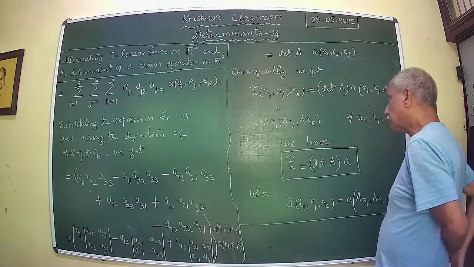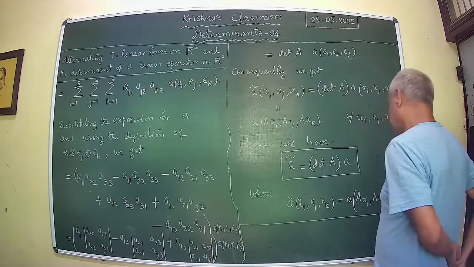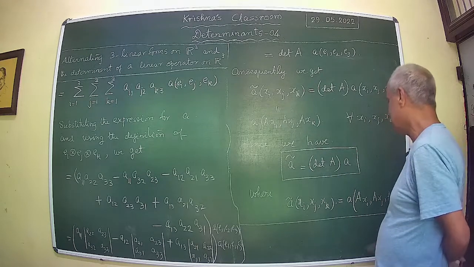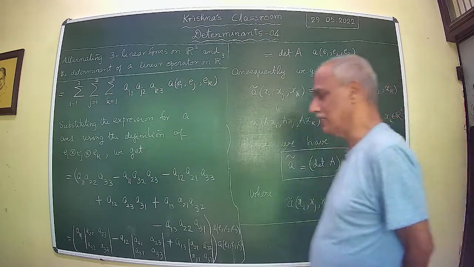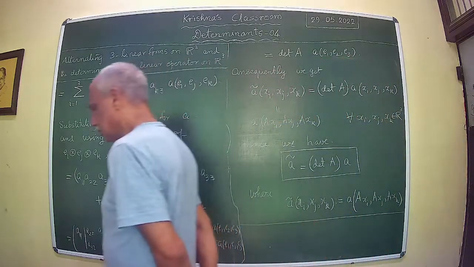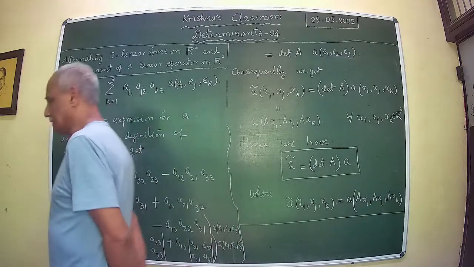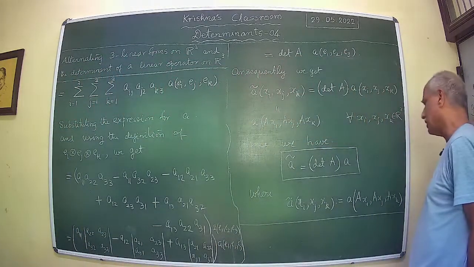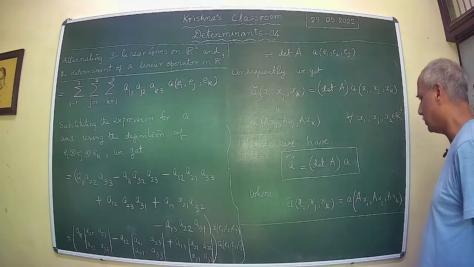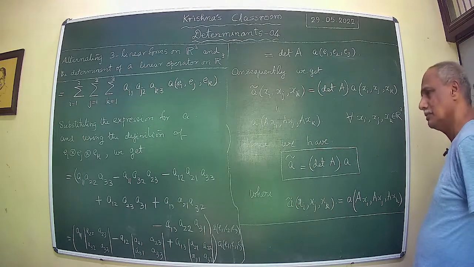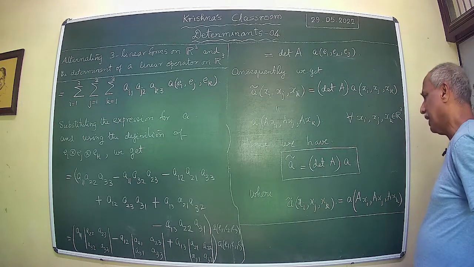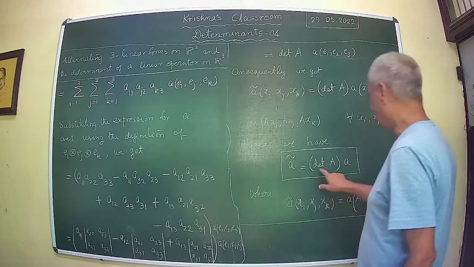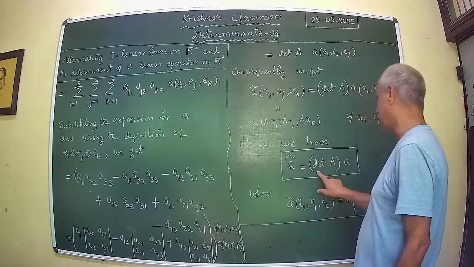Then we can actually compute what it is, because you know that A tilde is again an alternating 3 linear form on R3. Therefore, A tilde has to be a scalar multiple of A, right? And what is that scalar? That scalar turns out to be exactly the determinant of A.